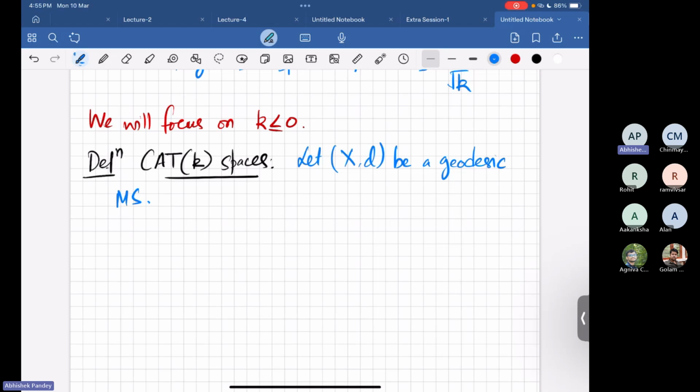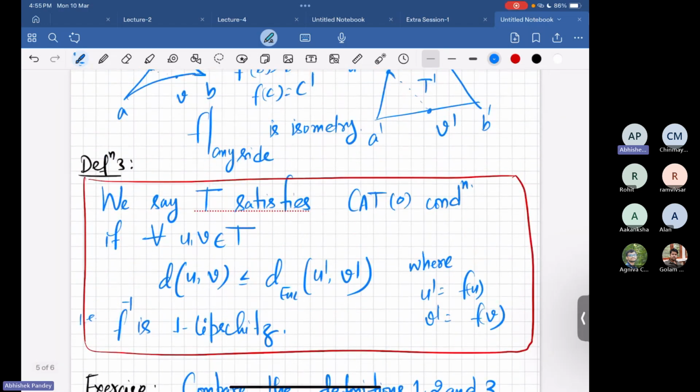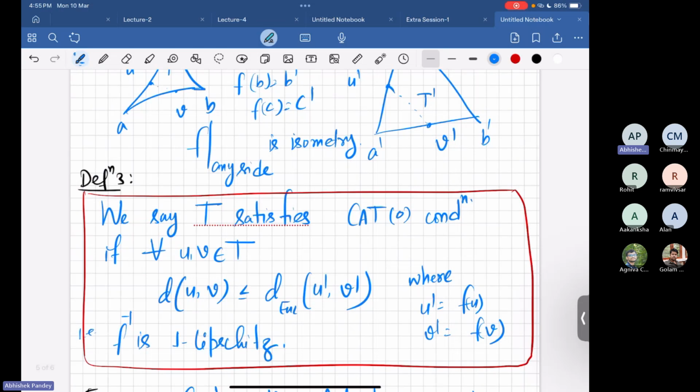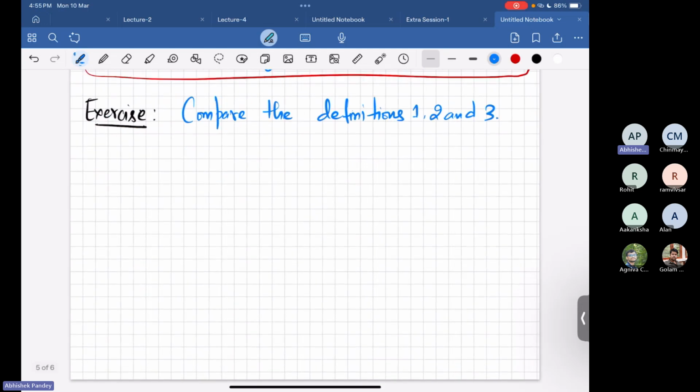I mean that it has geodesics that move apart at least as fast as the corresponding ones in a simple model space of constant curvature K. Here the corresponding ones are in the Euclidean setting, of constant curvature 0.